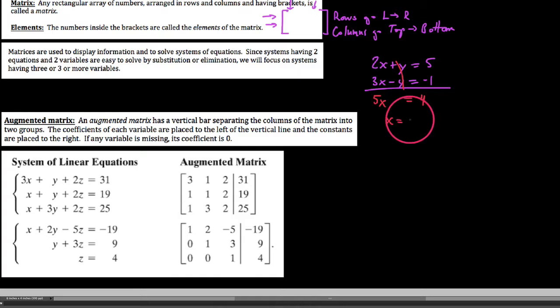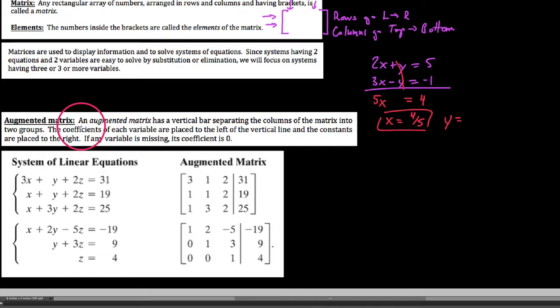So x is equal to 4/5. To find y, we would plug it back into either of the first equations, because what we're looking for is an xy pair that would make both equations true. I'm not interested in finding the value of y here, but this idea of solving a system is something we are going to use matrices to help us do in an efficient manner.